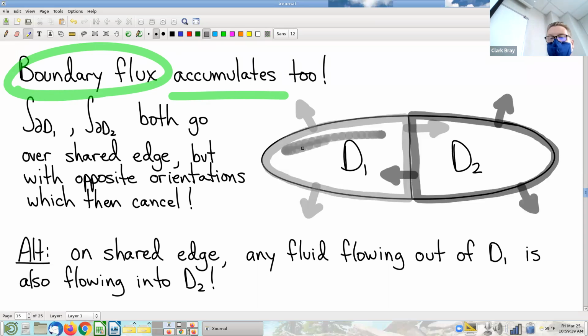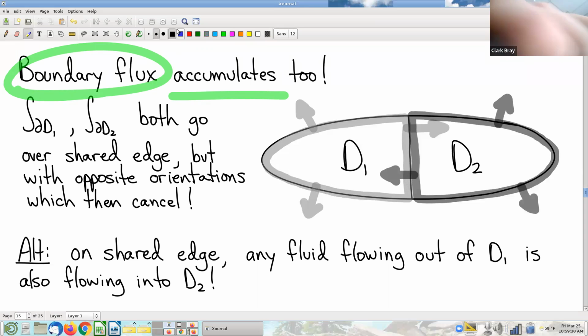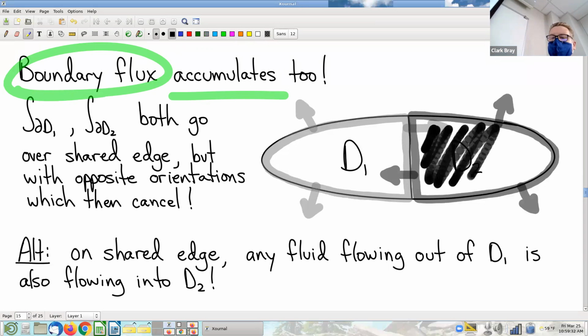If we look at this left region, on that left region, what I have in light gray is the outward-oriented boundary flux. On this right region, what I have in dark gray is the outward-oriented boundary flux, right? So here I have drawn the outward-oriented boundary fluxes of two separate regions.